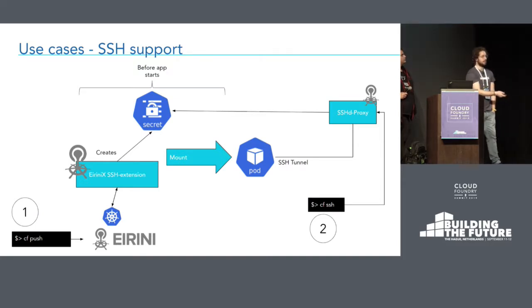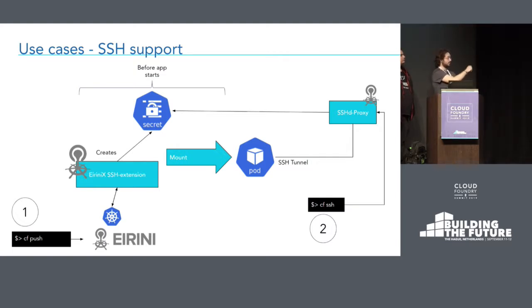This is happening, of course, before the application starts. And when we generate the secret, we are also mutating the pod to refer to those secrets. So the pod, from that point, has SSH keys and fingerprints that are used by the other components to actually connect to it.